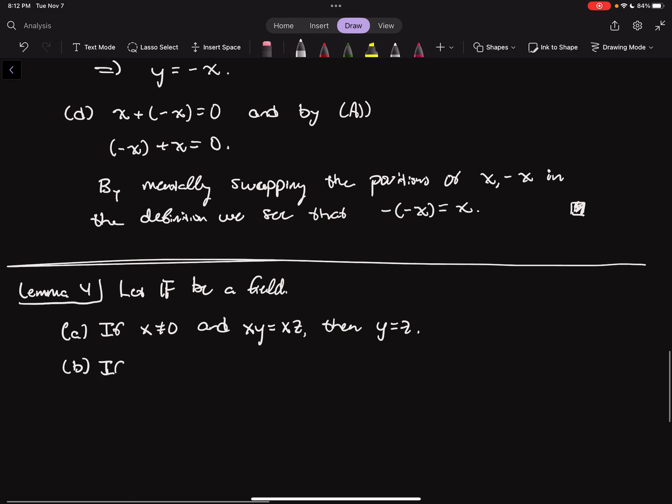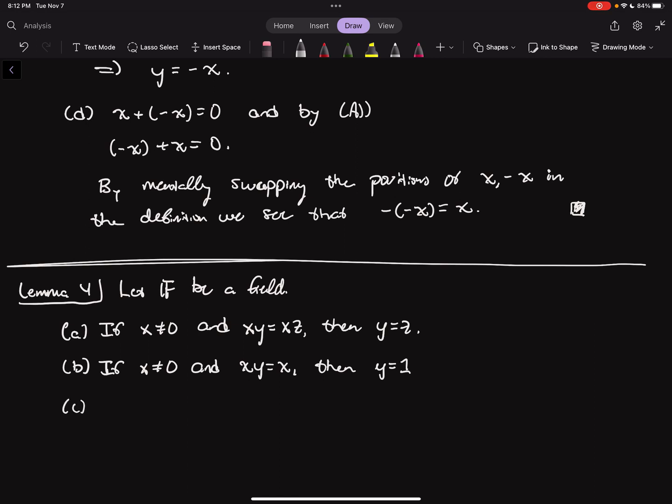And for B, if x is non-zero, and xy equals x, well, then y equals 1.